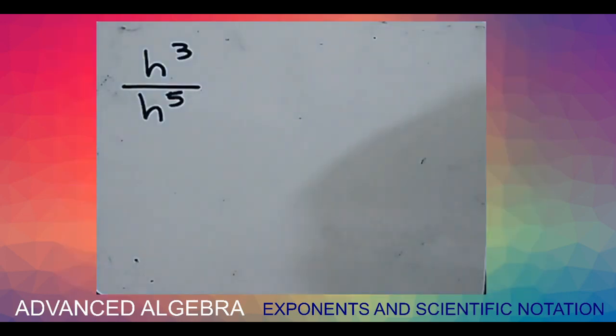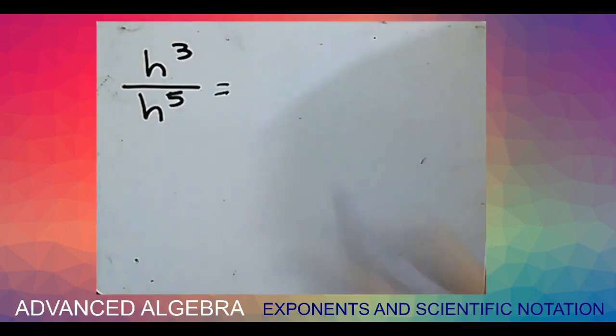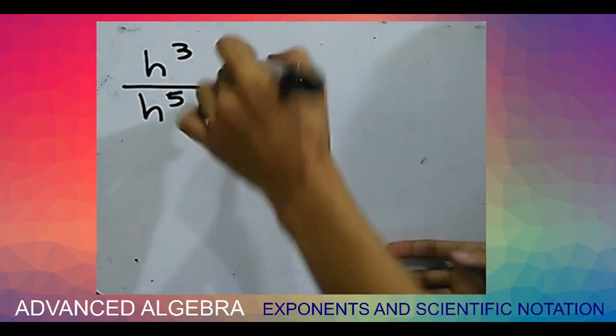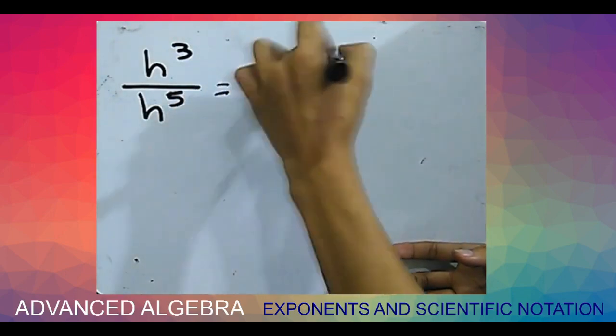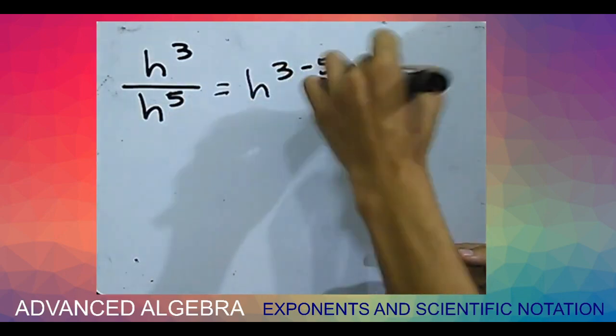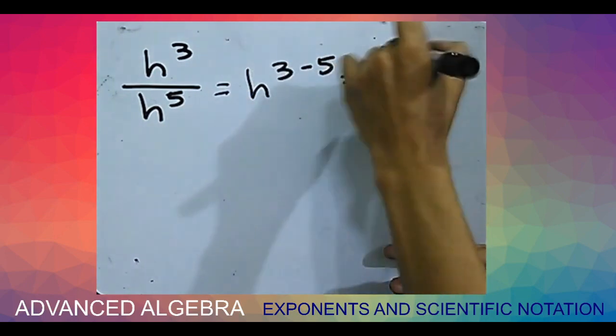Okay. So example, h to the third power over h to the fifth power. Paano siya i-solve? I-apply lang natin yung quotient rule. So h raised to 3 minus 5. Magiging 3 minus 5 is negative 2.